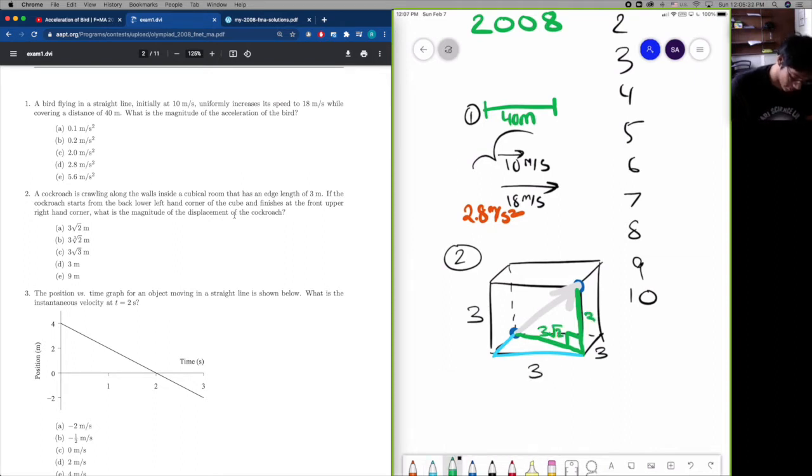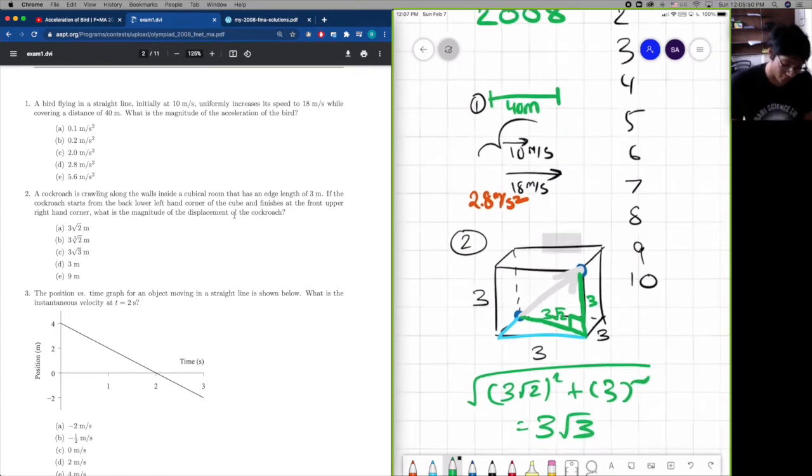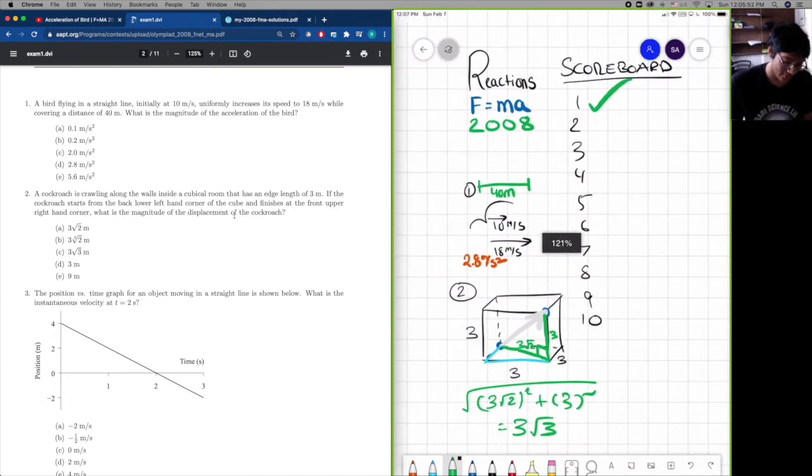And this other side is just 3. And so what would the hypotenuse of the whole path be? Well, it would be the square root of (3√2) squared plus 3 squared, and you should get 3√3, which is answer choice C. So hopefully I made the right choice. Let's see if I did.